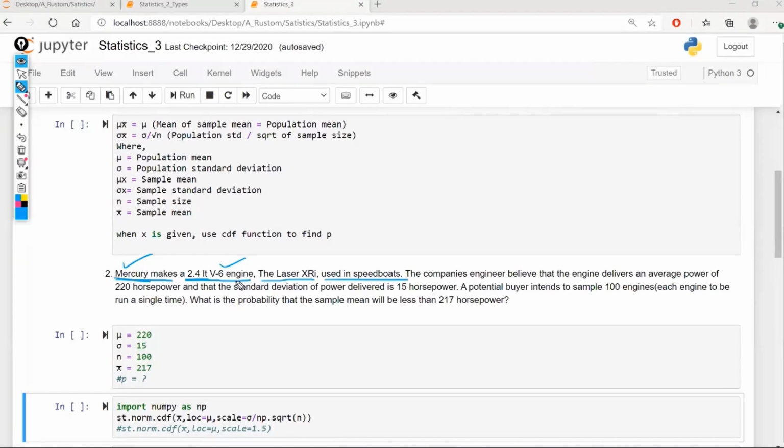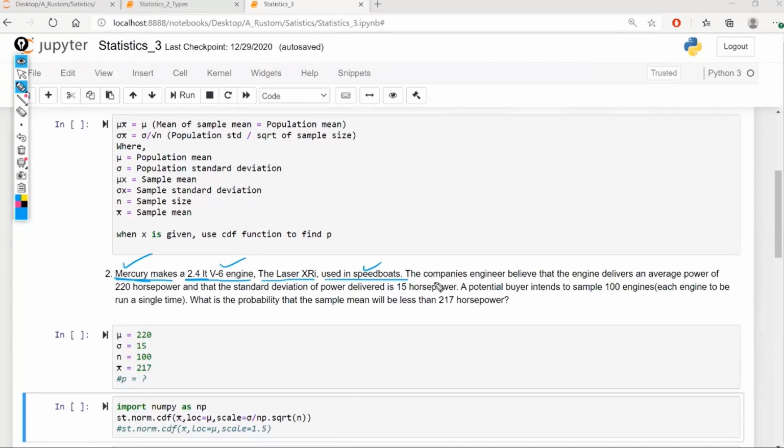Similarly, Mercury makes a V6 engine which is used in speedboats, like at the beach. I think everyone might have seen that. In those speedboats, there will be an engine, and that engine is what Mercury is manufacturing.